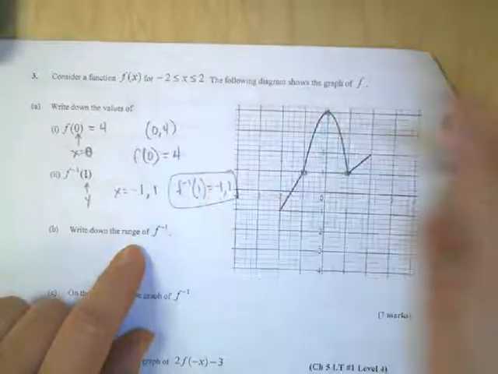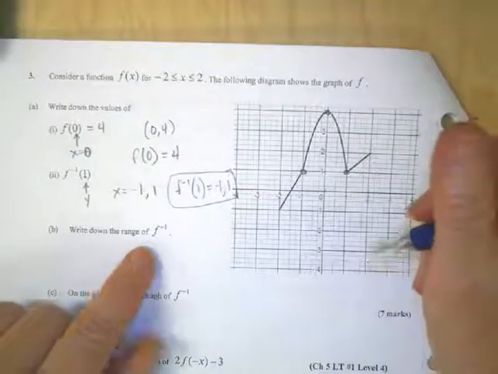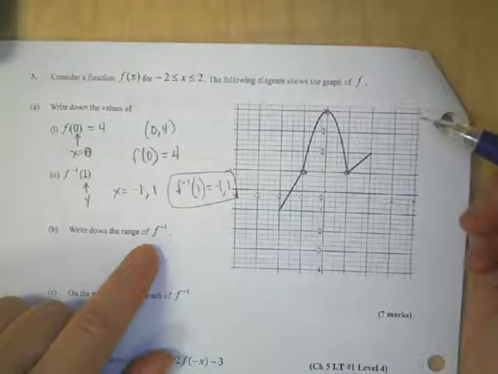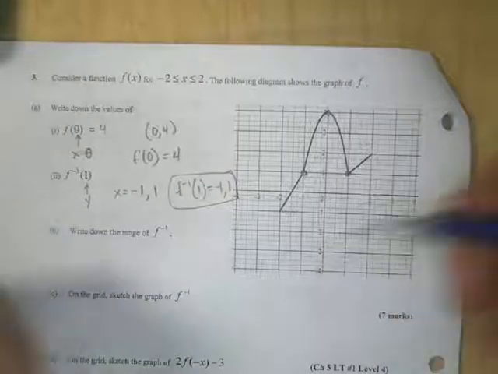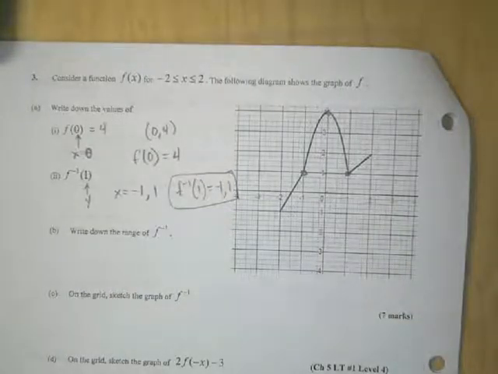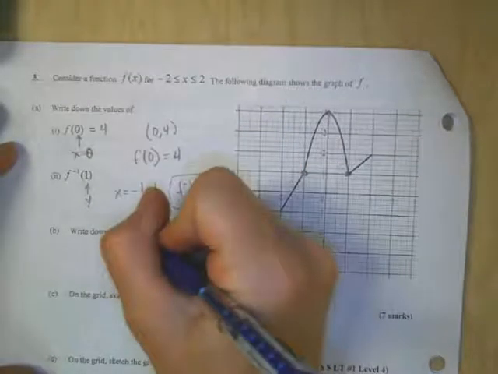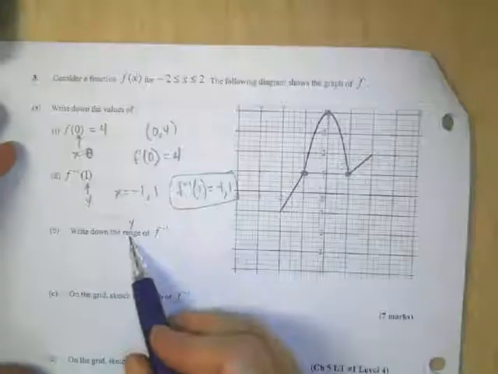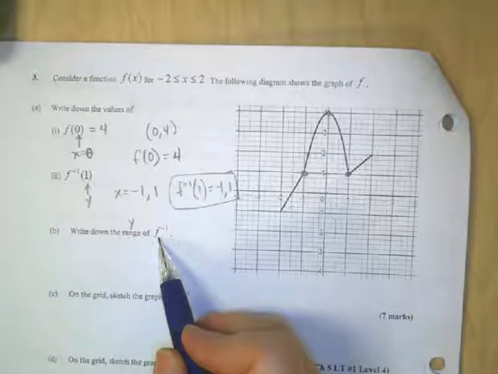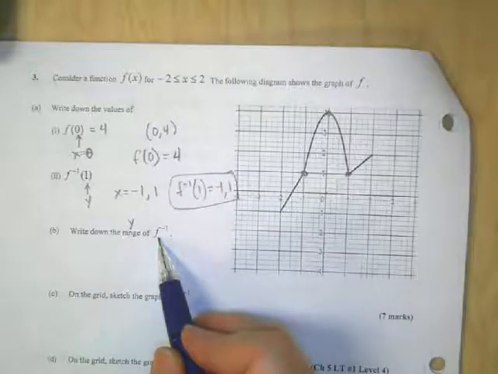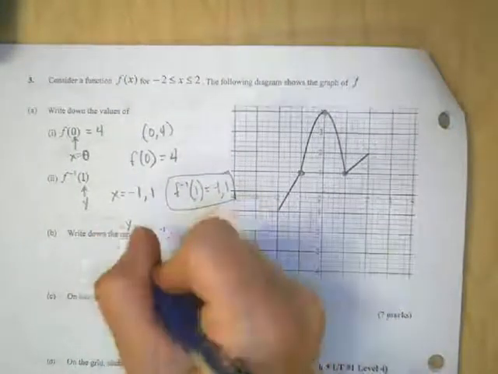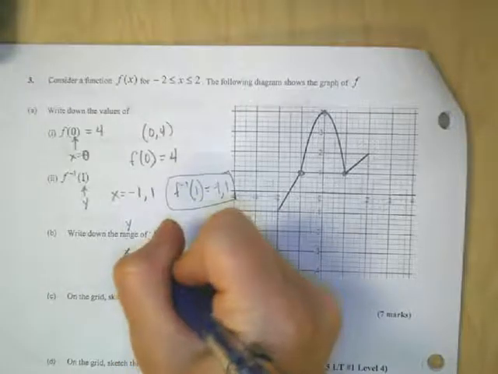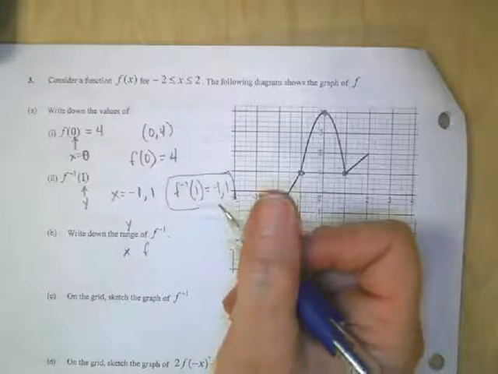Okay, so write down the range of the inverse function. So remember, we're swapping x and y values. So that means we're swapping domain and range. Domain is the x values, range is the y values. So if I want the y values of the inverse function, those are the same as the x values of the actual function. So what is my domain then?